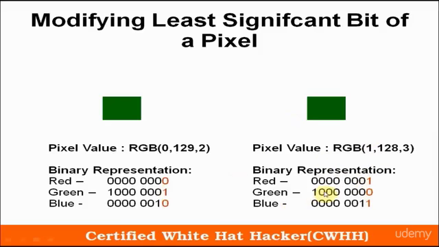So instead of 0 it will be 1, instead of 1 it will be 0, and instead of 0 again it will be 1. You can see that the RGB values have changed very little. R is now 1, G is 128 and B is 3. It's different from before, but if you look at the colors, you can't see much of a difference because it's a very small change. This way you can do image steganography.